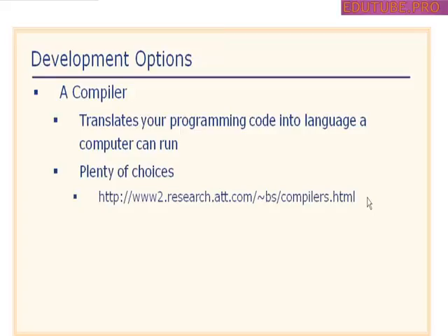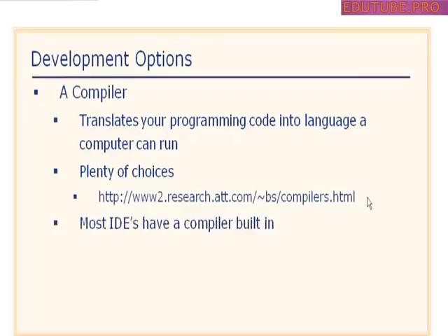I've got a link here for you that's kind of interesting to go look at. www2.research.att.com. And that URL speaks to some of the history that we'll talk about in a different video here. You may have already seen that one. But this gives you a list of compilers. Now what's interesting is this list was actually created by the man who wrote C++.